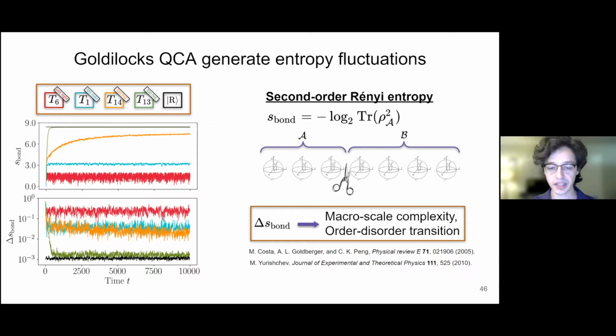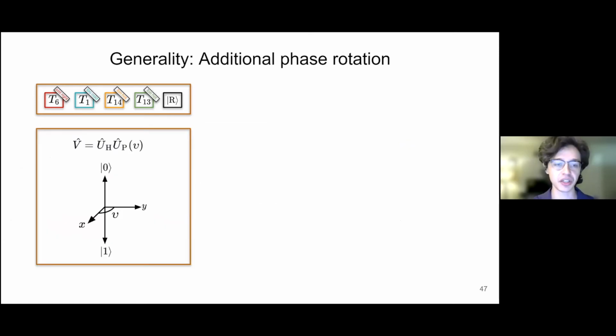And so from these results, we would like to show that they are somewhat general to specifics of the system. The first generalization I'll make is to take the Hadamard gate, which we would operate on a site if the neighbors allow it, and replace it with a Hadamard gate times a phase gate. That is a gate which rotates around the z-axis by an angle epsilon.